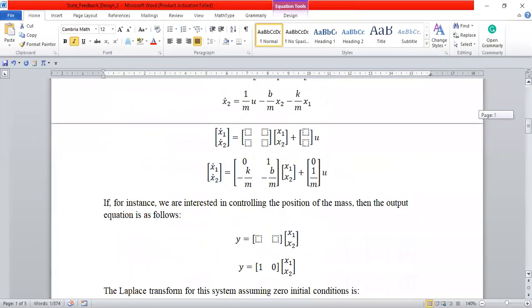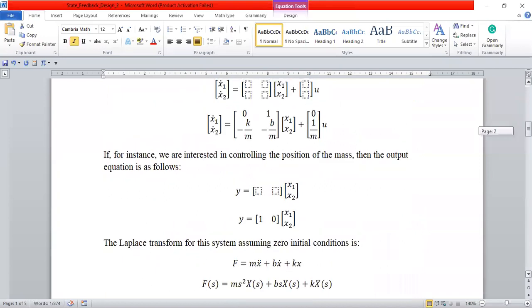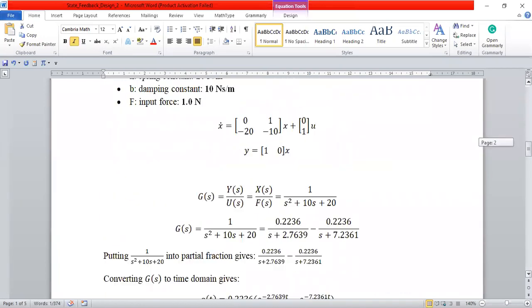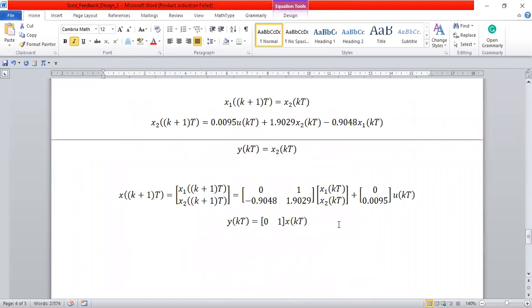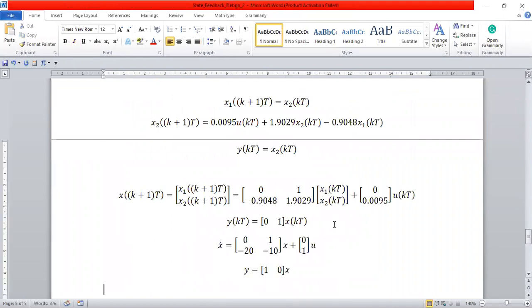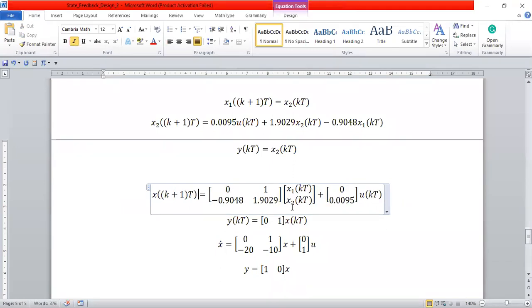So if you compare the results you got in the continuous time domain. So this is the state space in the continuous time domain. And this is the state space in the discrete time domain. So this is what we got in the discrete time domain here. And this is what we got in the continuous time domain.